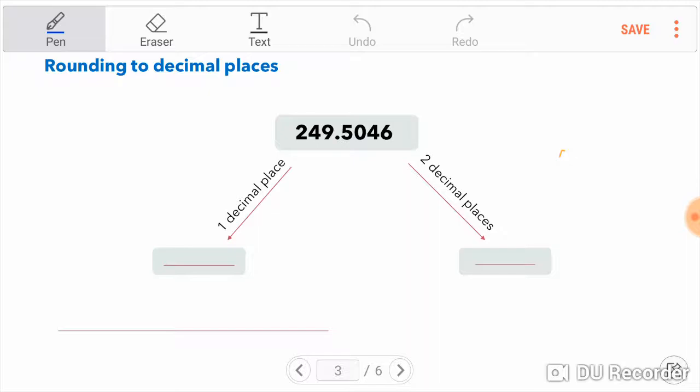Rounding to decimal places. 249.5046. We identify the first digit after the decimal point. We round to one decimal place, which is 5.